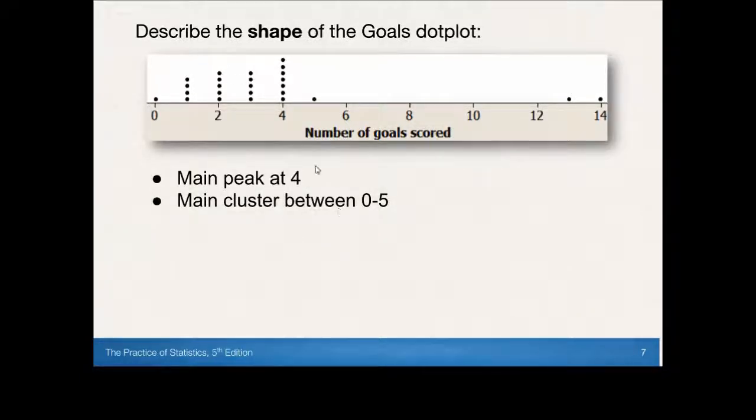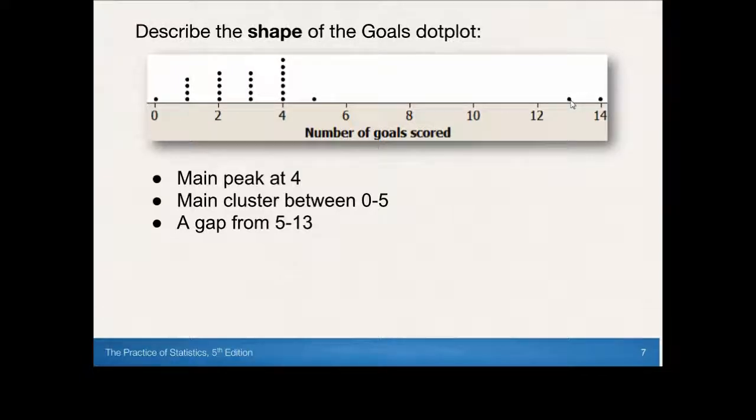The cluster is between 0 and 5. That's the main cluster. We've got these outliers going out here. There's a gap between 5 and 13, so that's going to change things. It's not symmetrical, so what do we call this if it's not symmetrical? It's going to be skewed right.